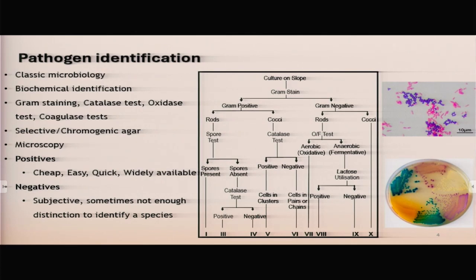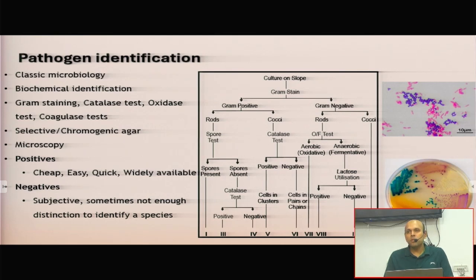In biochemical identification, obviously, you can do a biochemical test in order to find out. A simple example of a biochemical test is sugar fermentation. But other than that, you can also have indicator media.